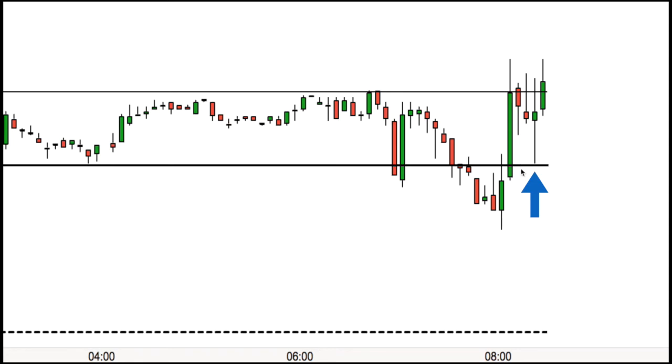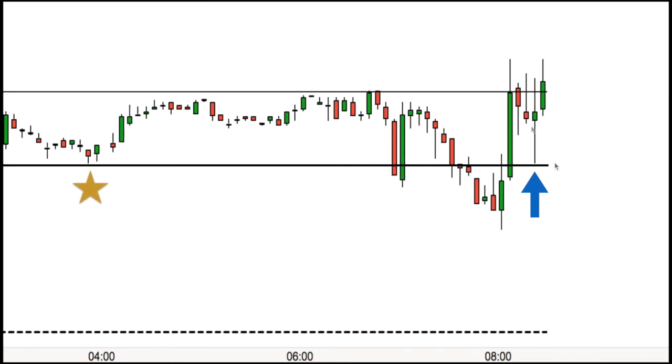Well, in order to judge whether it actually meant something or not, we need to look back and see here that this level has been significant in price on a couple of occasions, and most importantly significant in that the price previously came down to this level and then rebounded. And so we know that this level has acted as support in the past. So that's quite relevant.